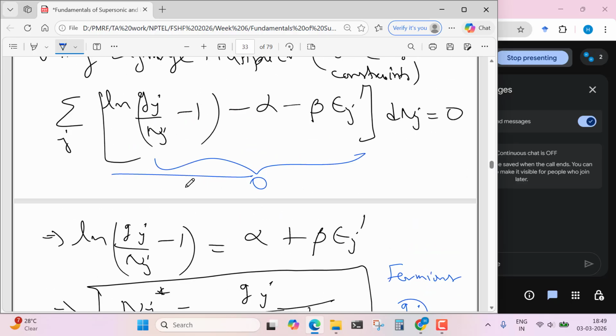From the method of Lagrange multiplier, this term will be 0, which is log Gj upon Nj minus 1 equal to alpha plus beta epsilon j dash.